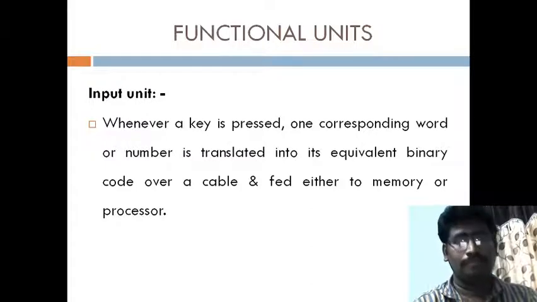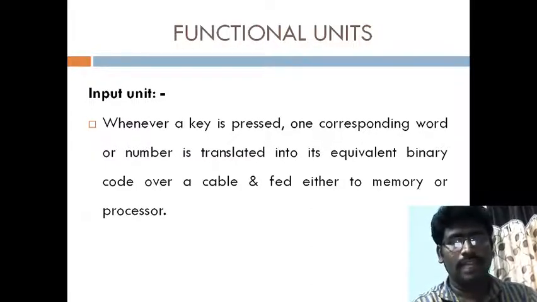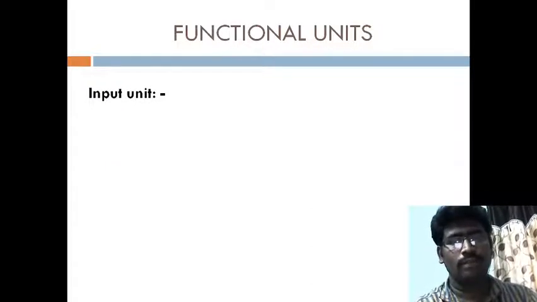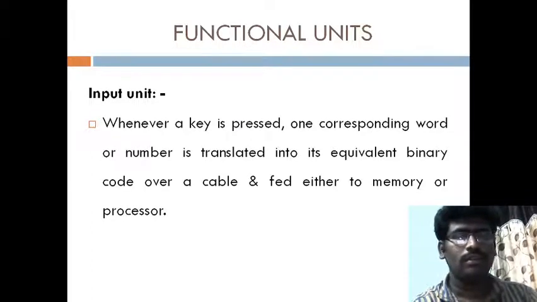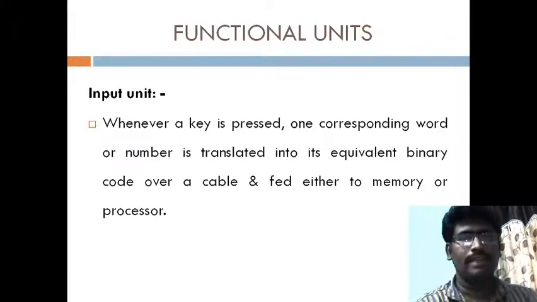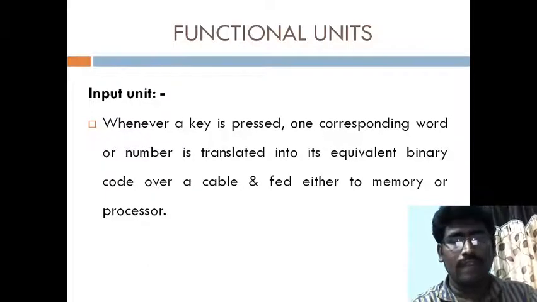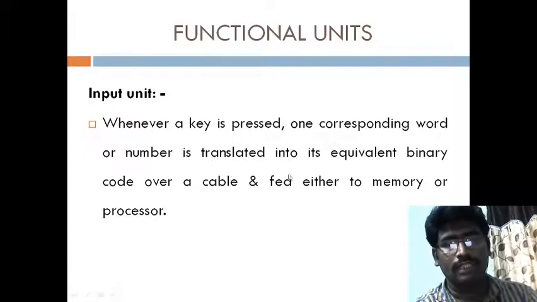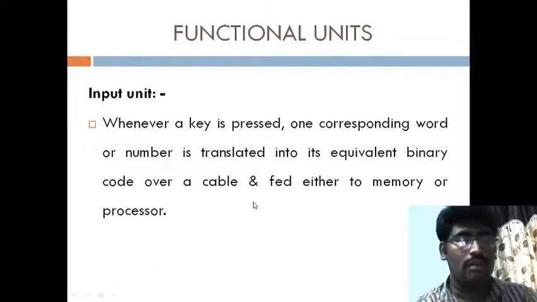After that, we will see what the actual process is and how the input moves through these input devices. Whenever a key is pressed for giving the input, the corresponding word or number is translated into its equivalent binary code over a cable and fed either into memory or processor.